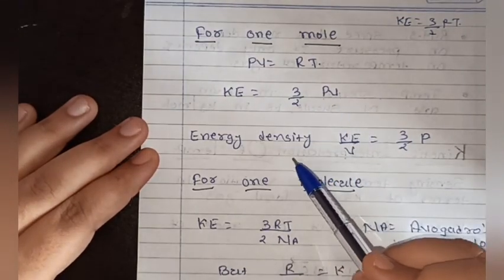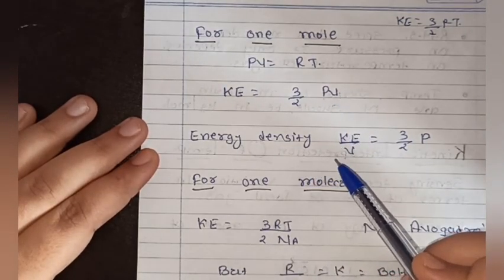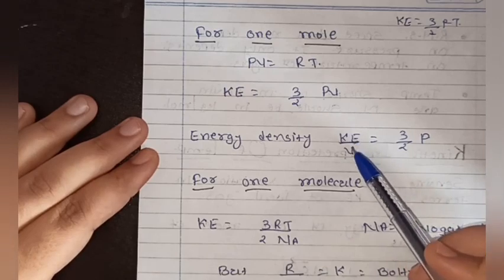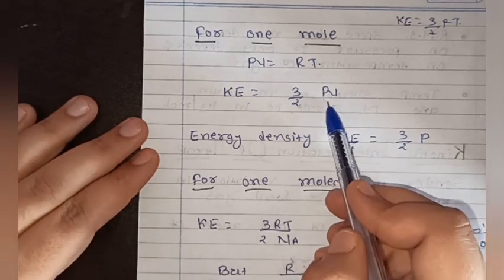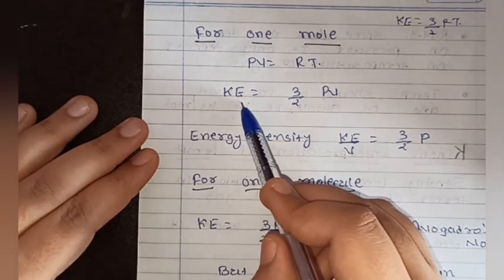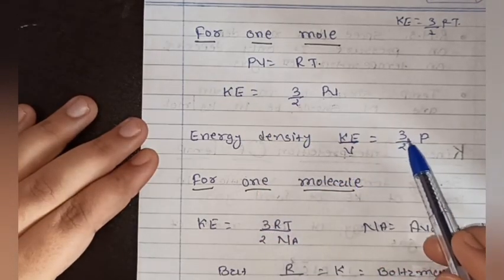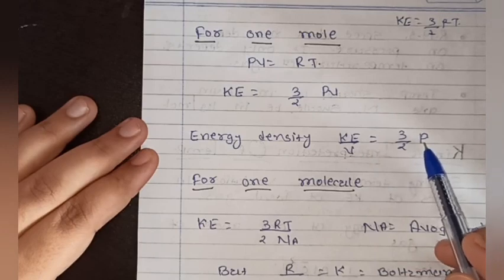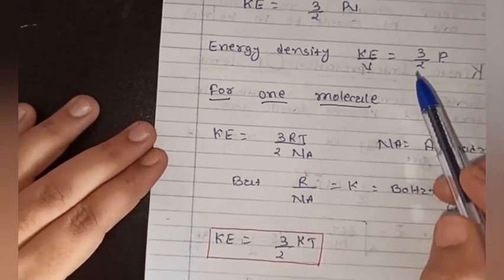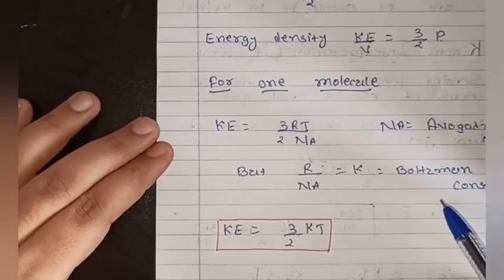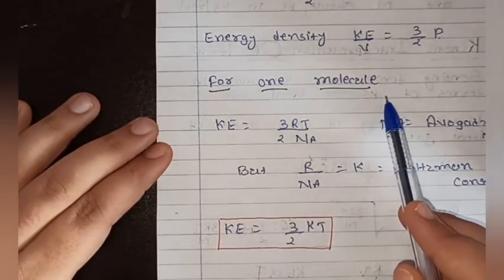Now energy density is energy per unit volume. So kinetic energy per unit volume, taking V on the other side, kinetic energy divided by volume will be 3 by 2 into P.